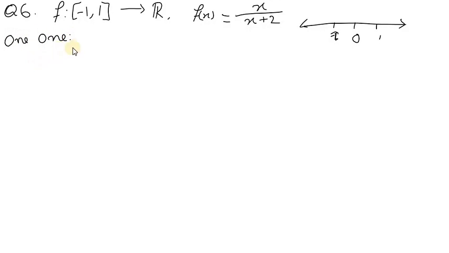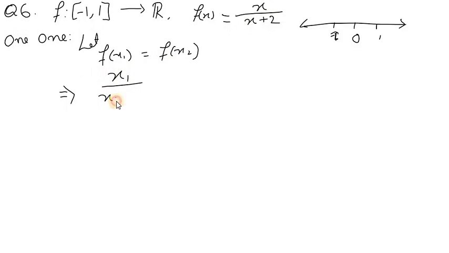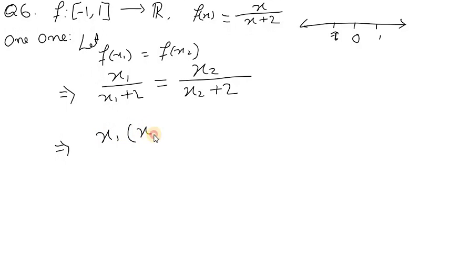Start with: let f(x1) = f(x2). Now put the values of x1 and x2 in the formula, so you'll get x1/(x1+2) equal to x2/(x2+2). Now cross multiply: x1(x2+2) = x2(x1+2).